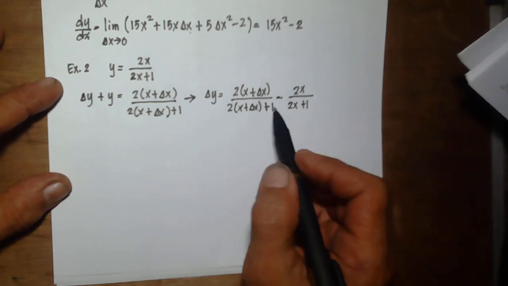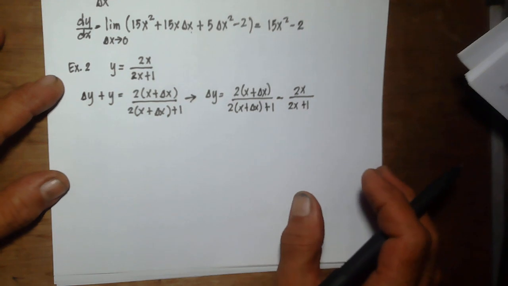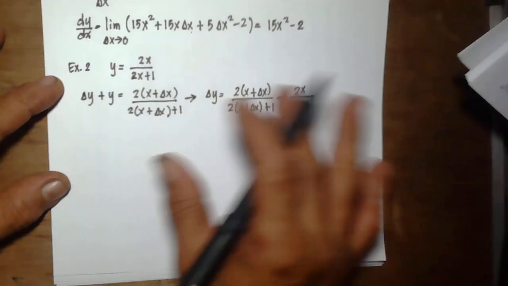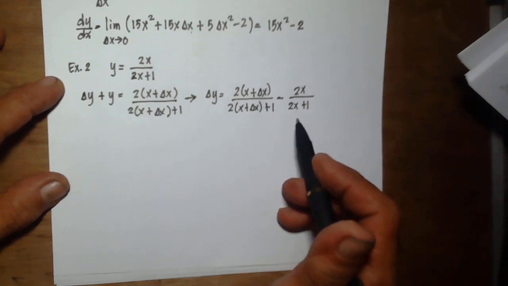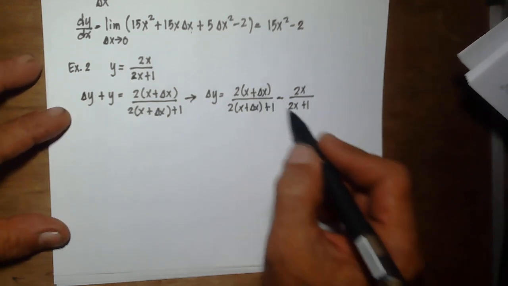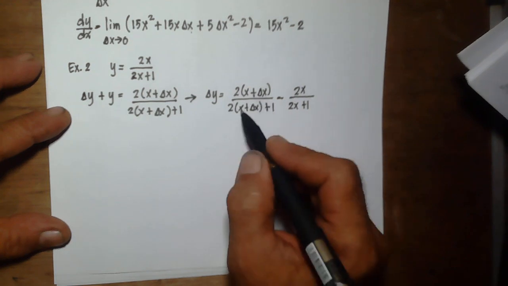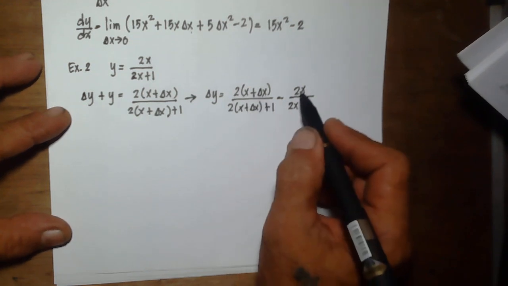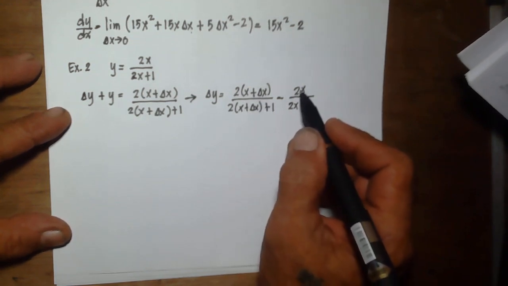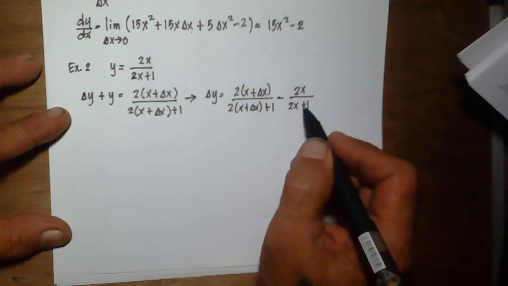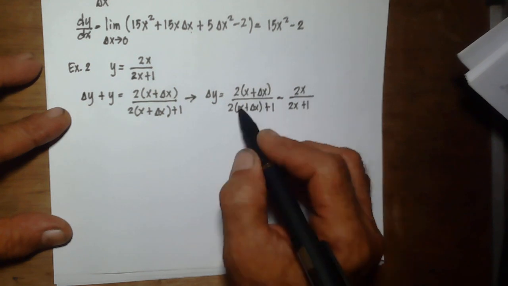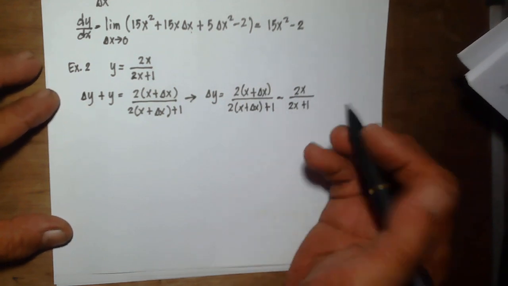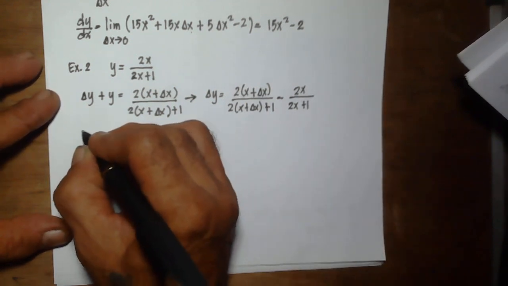So, this is a difference of two rational expressions, and to combine them, we need to find the LCD. So, to combine them, we'll just cross multiply. Multiply this denominator by the numerator of the subtrahend, and this denominator by the numerator of the minuend, and then multiply the two denominators.